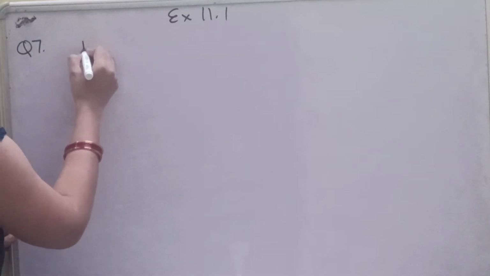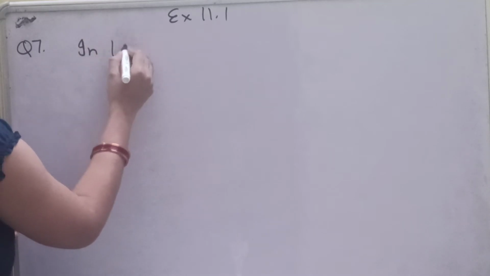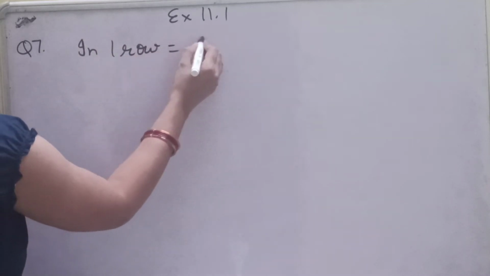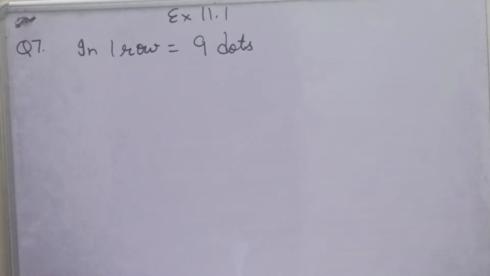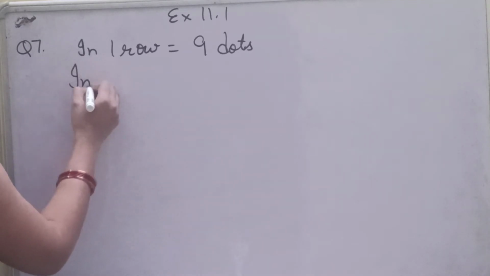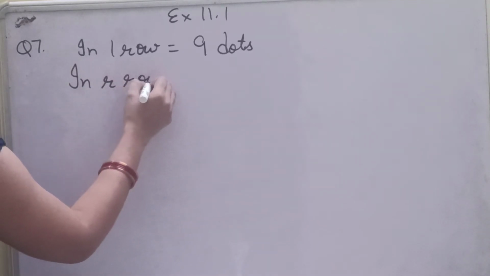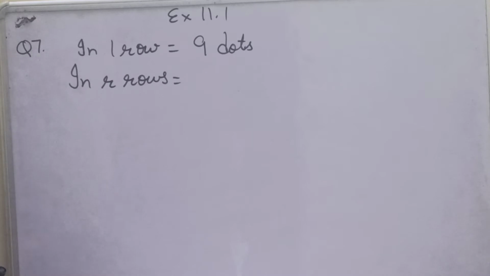So exercise 11.1, question number 7. What we have is that in one row we are having 9 dots. Then the question is, how many dots will her rangoli have in R rows? So in R rows, how many dots are there?